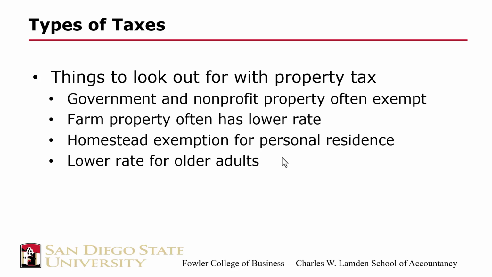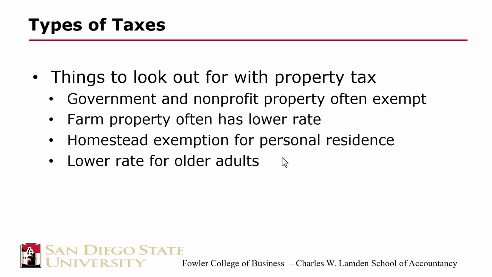So if it's your principal residence, they give you a small exemption amount against the value of your home. And then some states give you a lower rate if you're an older adult. The idea being, you're on a fixed income and the value of your home is going up, but your income's not going up. And so as a result, they lower the rate to keep it more affordable.